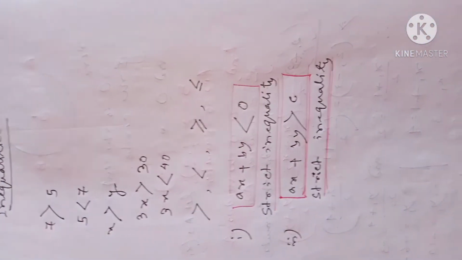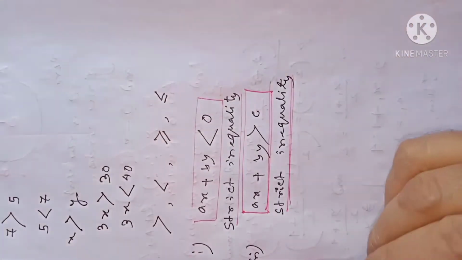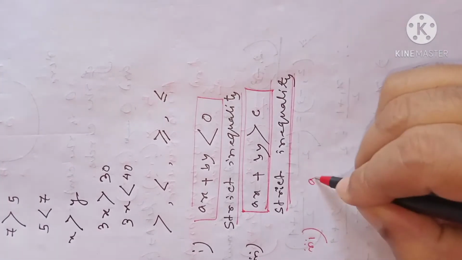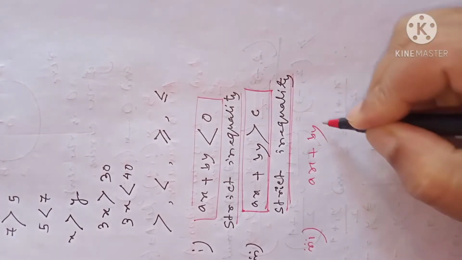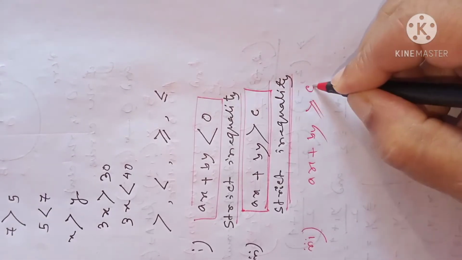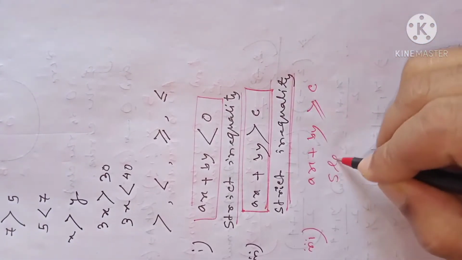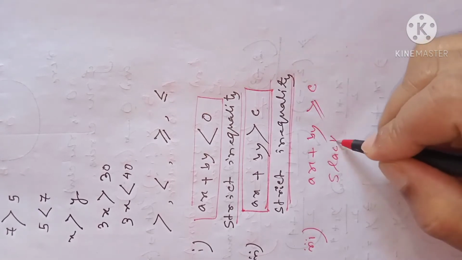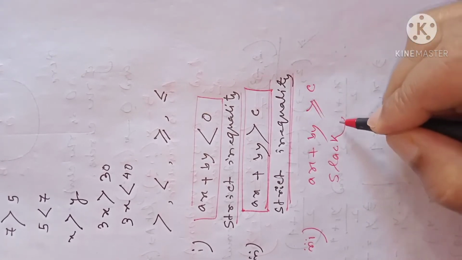And if equal sign also you are using along with this greater than or smaller than, like suppose ax plus by is greater than or equal to c. This is slack inequality. Okay, so slack, S-L-A-C-K. Slack inequality.